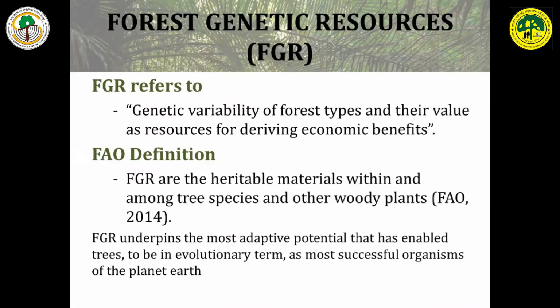He employed a simple lattice design of 11 by 11, where each plus tree is combined with the neighbors of other genotypes in that particular replication, so that you ensure that the pollen from every plus tree is allowed to fall on the female tree of the genotype that he had selected. So this was a very classical tree breeding program.